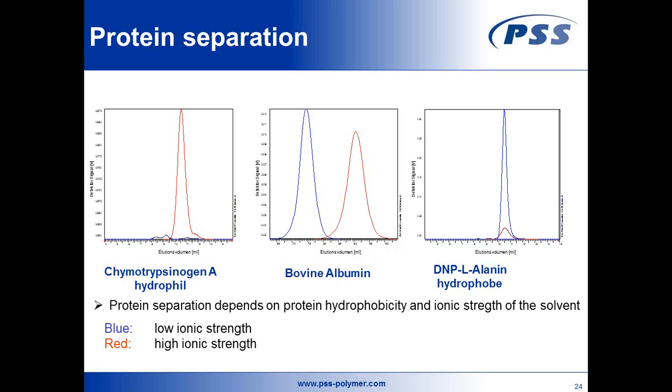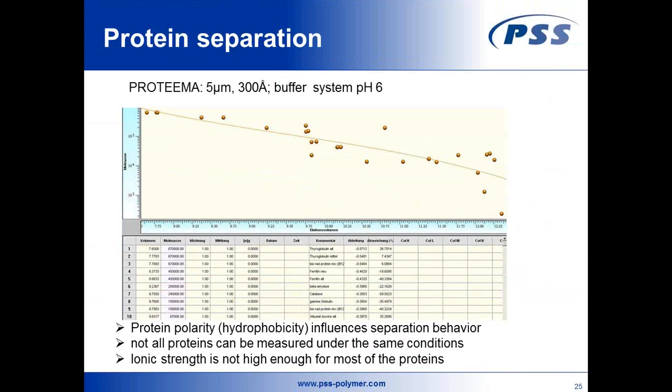But different to the other two proteins, the bovine albumin elutes well under low ionic strength and also under high ionic strength conditions. So you can easily take proteins for which you know the molar masses, and try to construct a calibration curve for them.